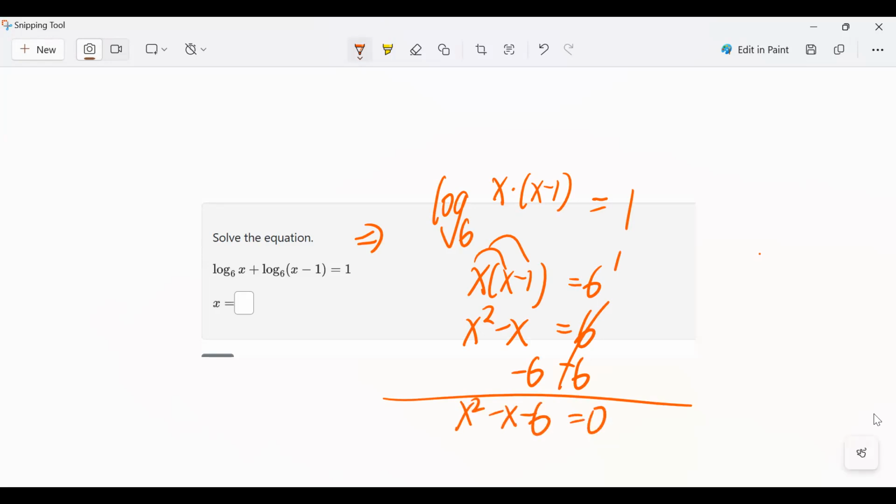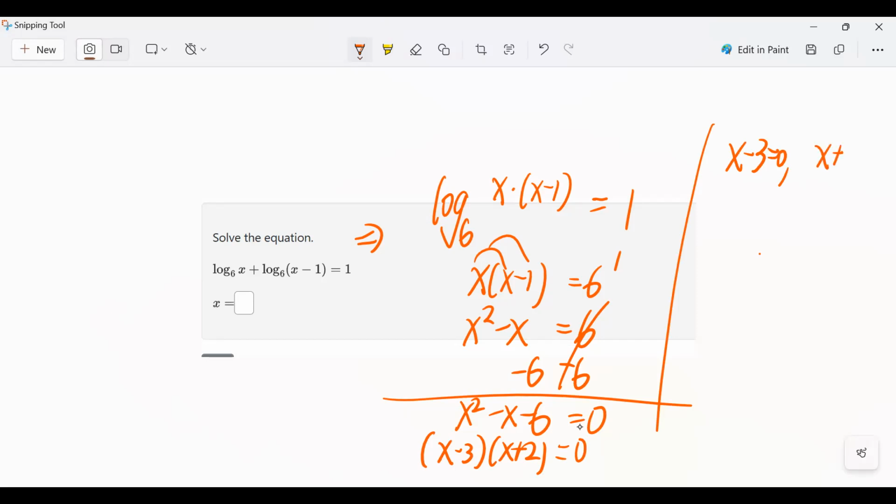Now we basically have two solutions here, 3 and negative 2. So x minus 3 equals 0, x plus 2 equals 0. First one, add 3 to both sides of the equation, x equals 3.